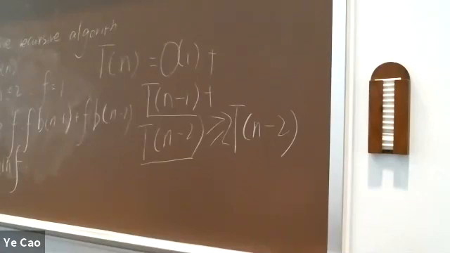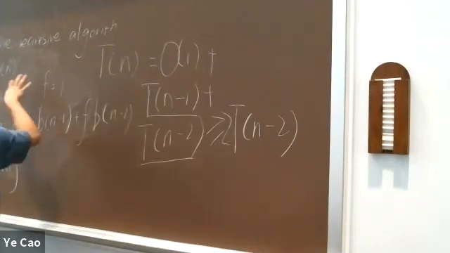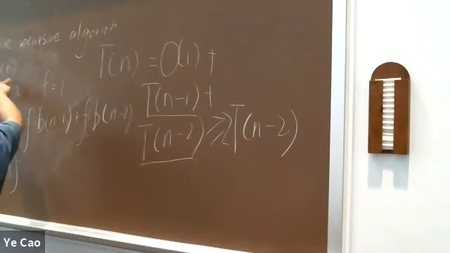Previously I said DP is defined as subproblems plus reuse, right? The reason this algorithm is so bad is because when you try to compute the Fibonacci number of value n, you're basically computing the value of n minus 1 and n minus 2.